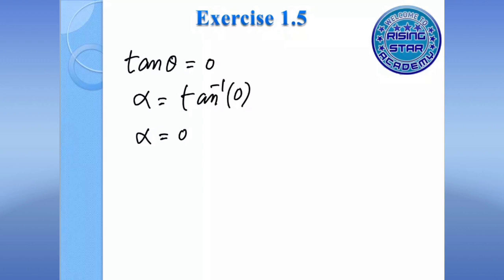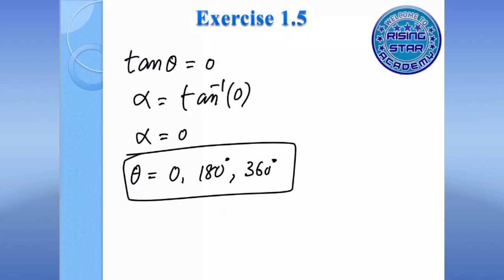Remember one thing: tan is 0 at 3 possible angles. Tan 0 is 0, tan 180 is also 0, and tan 360 degrees is also 0. So at these 3 values, the tan value always becomes 0.